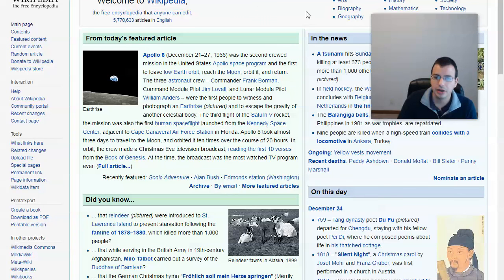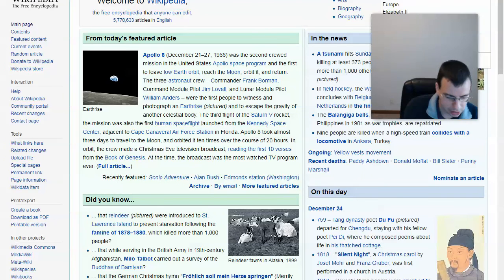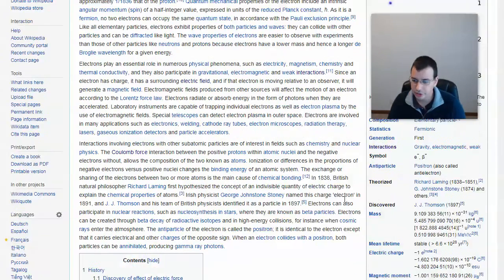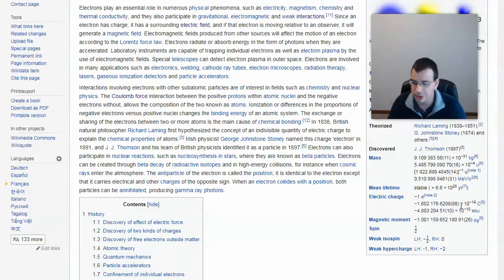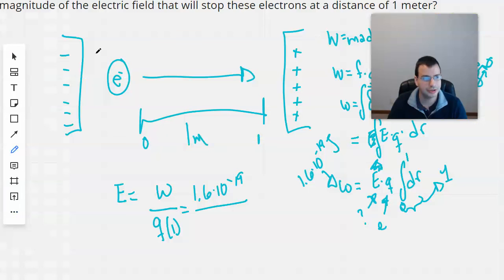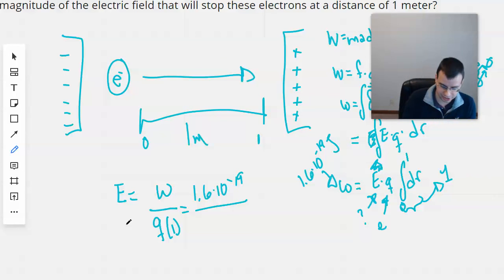Go to Wikipedia, electron. All right, so let's see what we got here. Electric charge, 1.6 times 10 to the negative 19 coulombs. Not a coincidence. 1.6 times 10 to the negative 19th coulombs. This is joules.